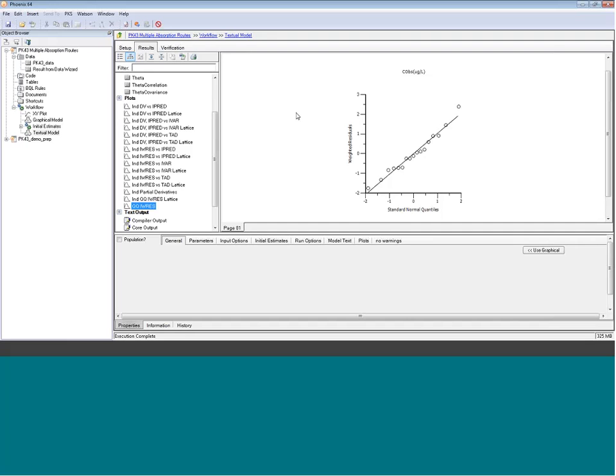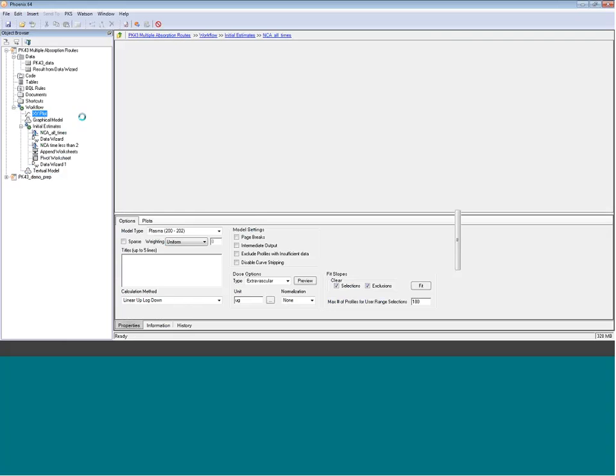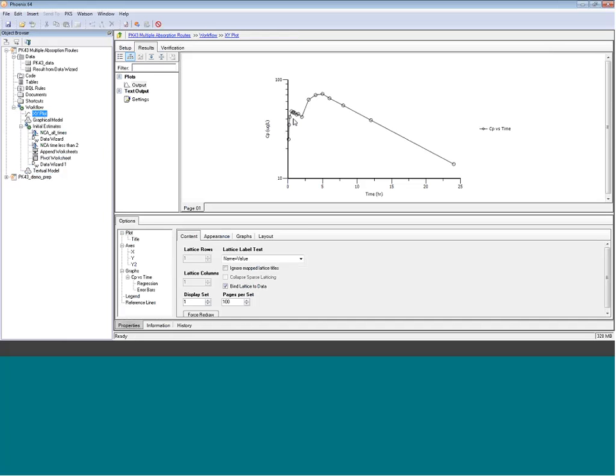Here's a question about why linear up and log down was used as a calculation method for NCA. Yeah, so I'll go ahead and field that one. Remember the initial profile here. We actually have multiple absorption phases.